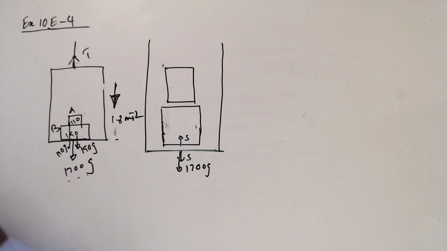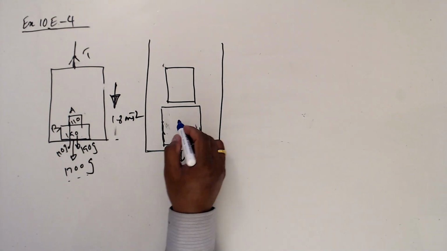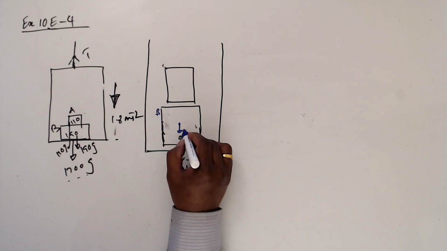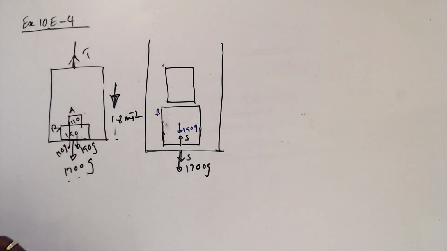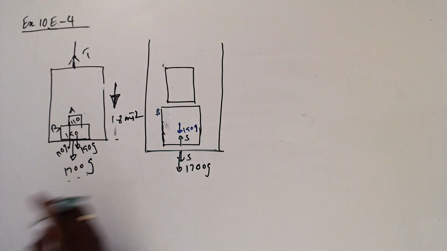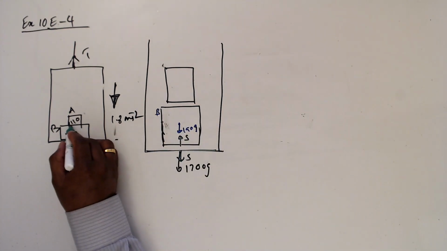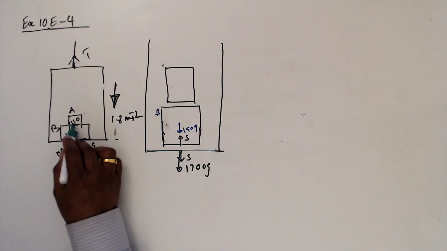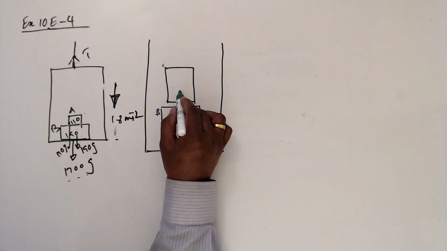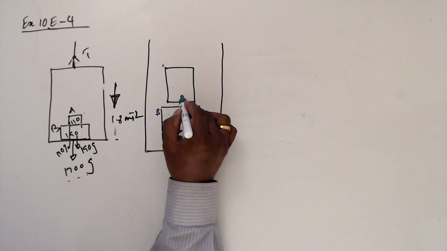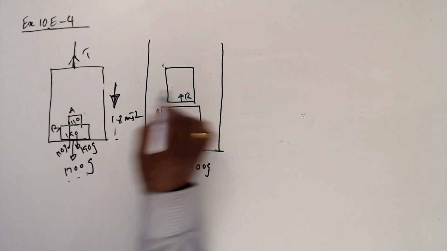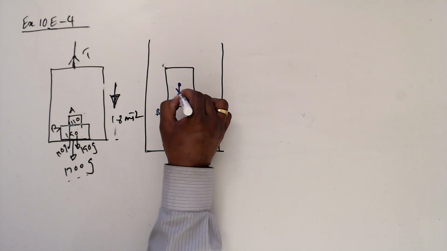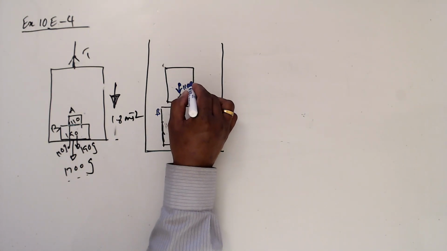This box is B, so it has weight 190 g. Those two boxes touch together, so there is a force upward, let's say R, and this A has a weight of 110 g.